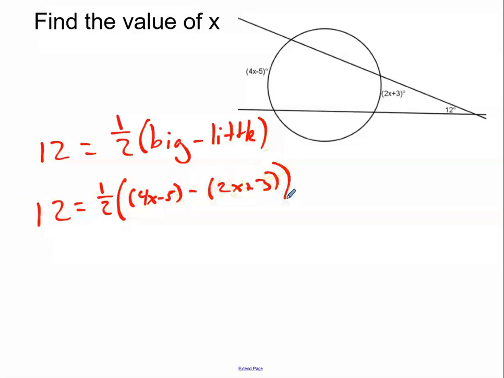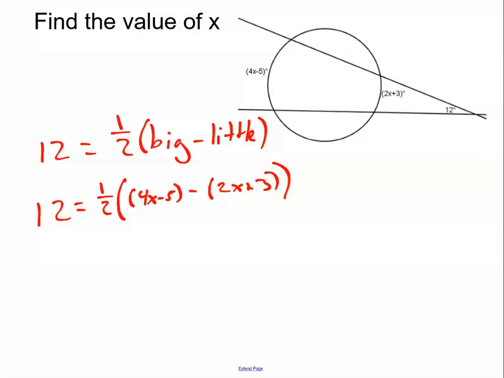All right, now here's where we want to be careful on this question. Notice how I have the big parentheses because I need to take half of that whole thing. But then when I plugged in the 4x minus 5 and the 2x plus 3, I put those in parentheses as well. The big reason here is because we're subtracting, and when we subtract 2x plus 3, we need to make sure that we subtract the 2x and the 3.